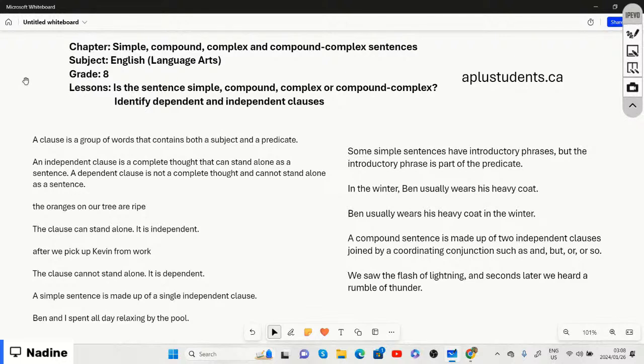For example, the oranges on the tree are ripe. If we look at that sentence, it can stand on its own, which means that it is an independent clause.